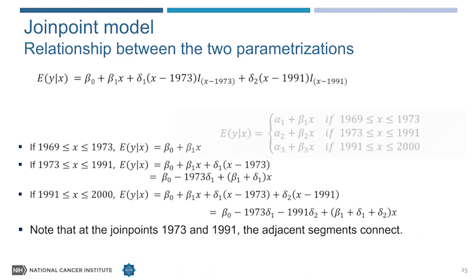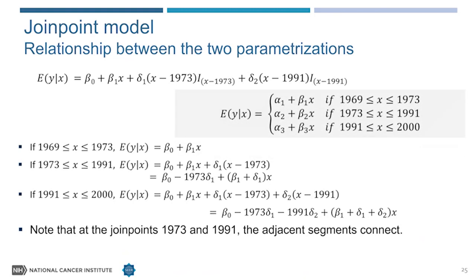When we compare the two parameterization forms, we see that the two forms correspond to each other. Beta 0 is the intercept of the first segment, corresponding to alpha 1. Beta 1 is the slope of the first segment, corresponding to beta 1 in the general form.